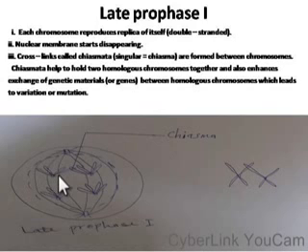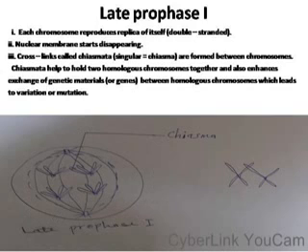This is a chromosome that replicates, reproduces a replica of itself. This is another one. It reproduces a replica of itself. Double-stranded.